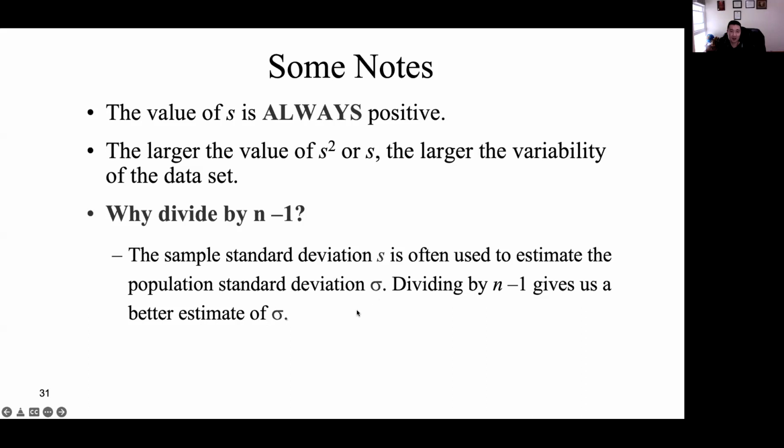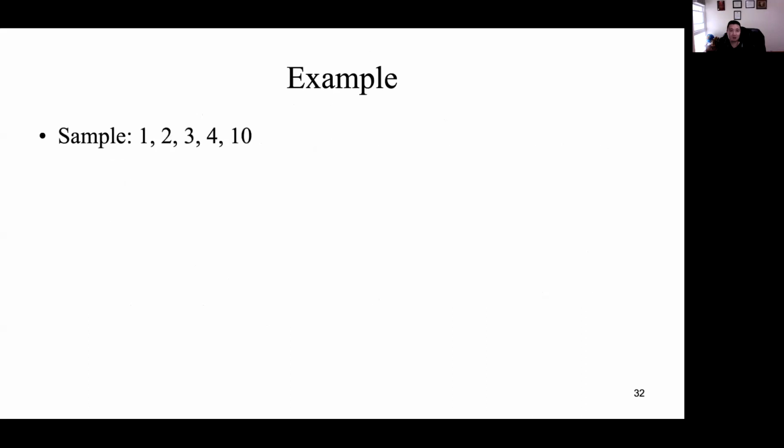Let's look at an example. Say we have 5 sample items: 1, 2, 3, 4, and 10. First, the sample mean: all the sample items added together, divided by the sample size 5, so the sample mean is 4.